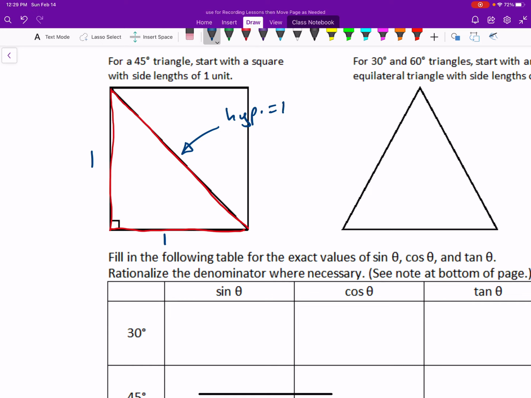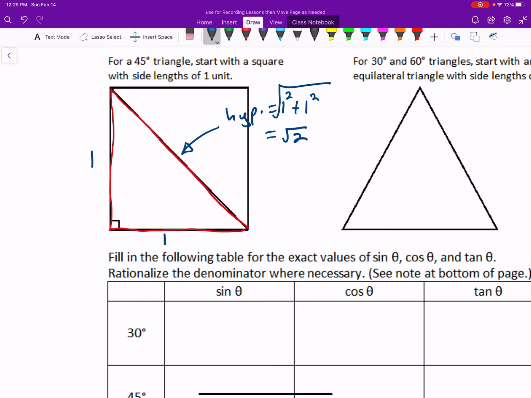So if I take the square of one side, add the square of the other of the two short sides, and then take the square root of that, that's Pythagorean theorem. Well, 1 squared is 1, plus 1, another 1 is 2. So the hypotenuse, the length of that side, if the other two sides are 1 each, is going to be the square root of 2.